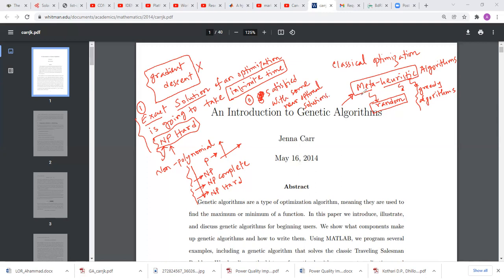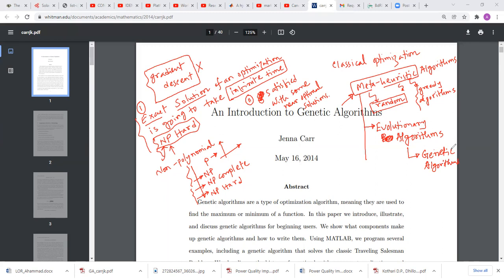And there is a family of these, okay? Among all these families, one of the families is named evolutionary programming or evolutionary algorithms. And within these evolutionary algorithms, one of the most famous ones is genetic algorithms.